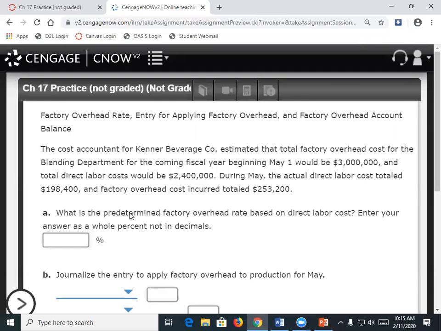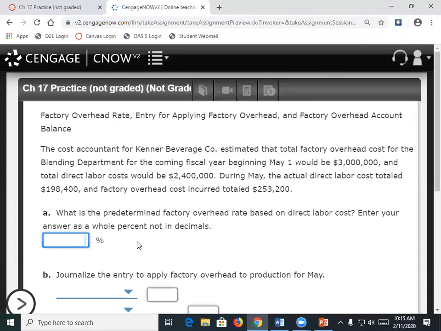So what's my overhead rate as a percentage? 125, very good.